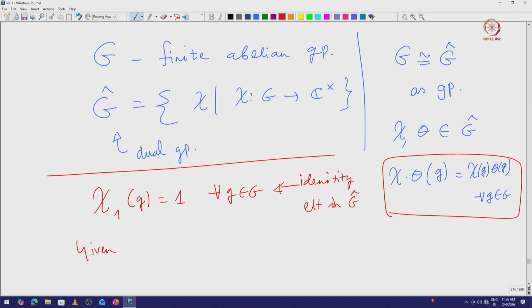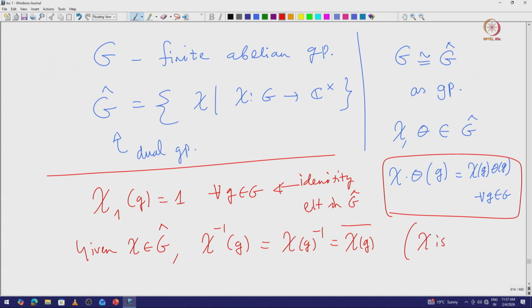Given chi in G hat, the chi inverse of g is defined to be chi of g inverse, which corresponds to the dual representation, which is exactly chi of g bar. This follows from the fact that chi is unitary. We already know it is unitary because it is a function from G to C cross.